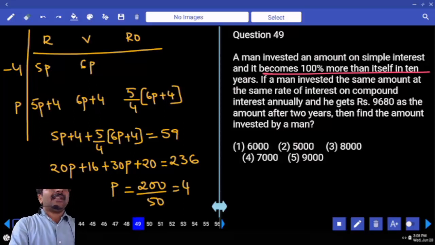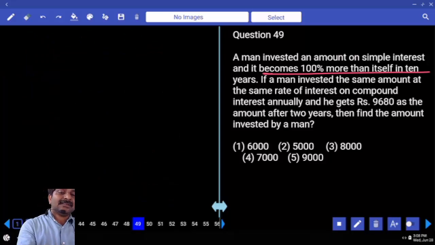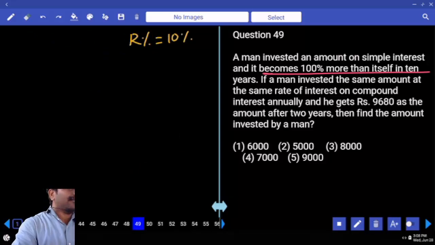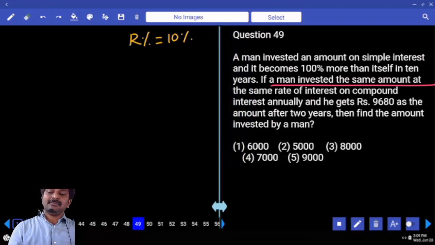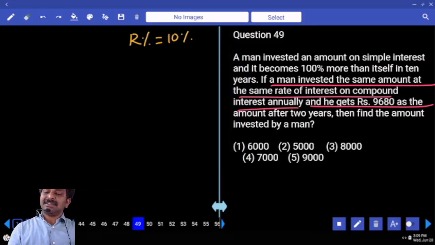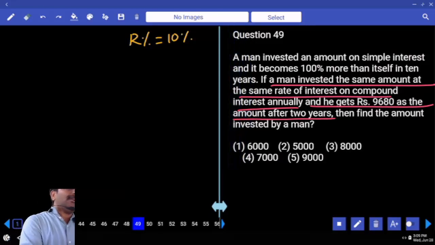If you are getting 100% interest in 10 years, the rate of interest is 10% per annum. That can be concluded. If the man invested the same amount at the same rate on compound interest annually and he got 9680 as the amount after 2 years.